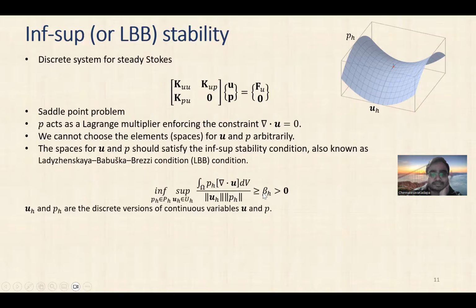Here we have U_h and P_h, which represent that U_h and P_h are the discrete versions of our continuous variables U and P. Because when we describe the space using finite element approximation, we don't have the continuous variables anymore. We have their corresponding discrete versions.